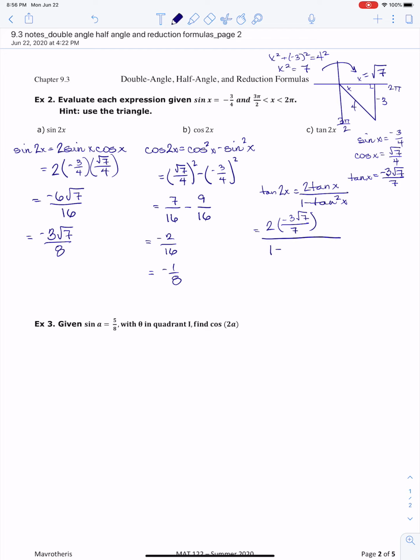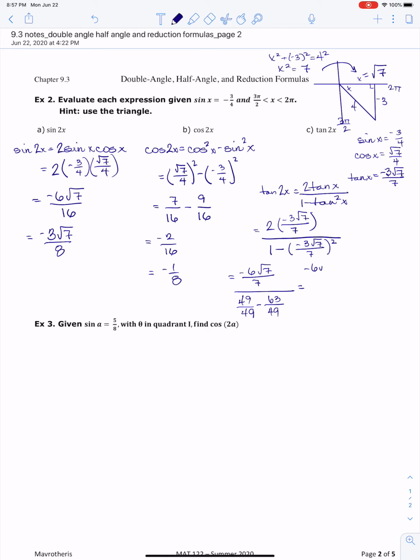All over 1 minus negative 3 square roots of 7 over 7 squared. Let's do the second part first. 3 squared is 9. Square root of 7 squared is 7. 9 times 7 is 63. Over 7 squared is 49. There's a minus there. 1 I'm going to go ahead and write as 49 over 49.